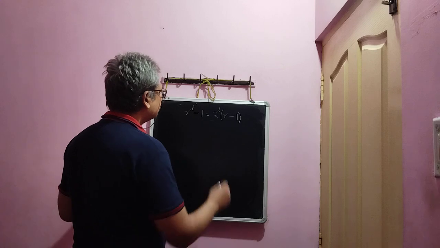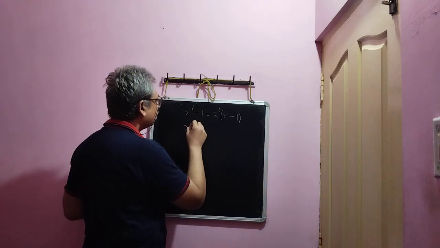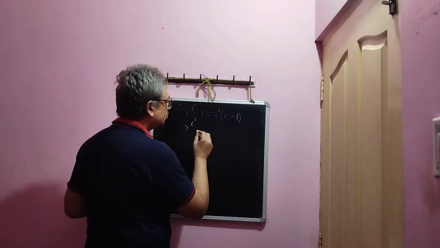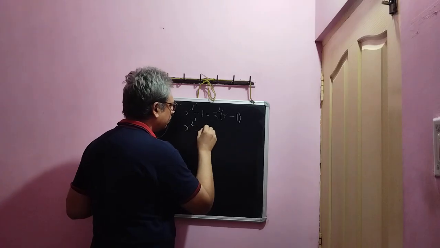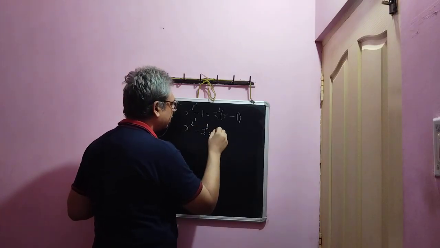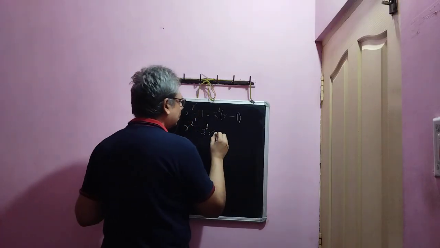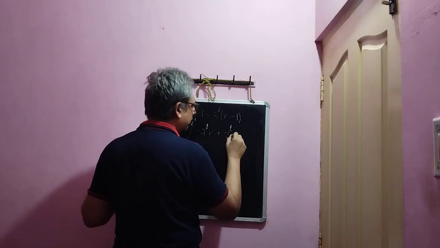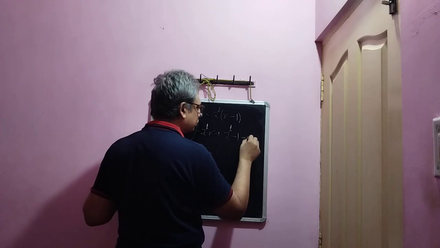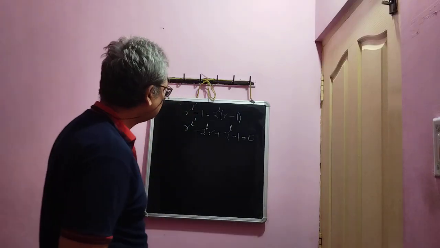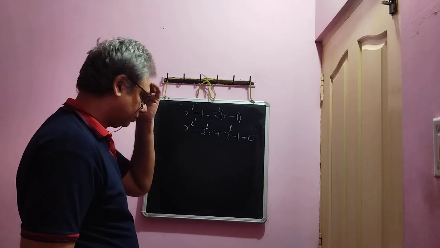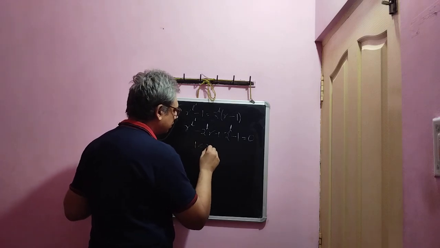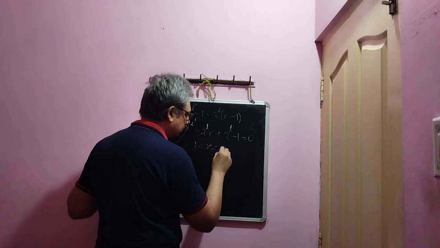So r power l dash minus 2 power l times r plus 2 power l minus 1 will be equal to 0. Now we know r will lie between 1 and 2, that is 1 less than r less than 2.